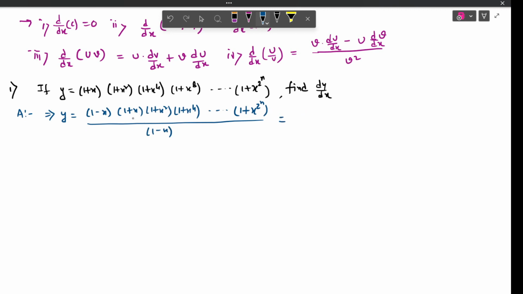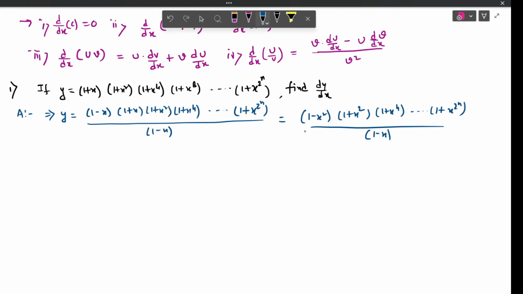So 1 minus x into 1 plus x, a plus b into a minus b, that is a square minus b square. Okay, it will be reduced in this form.